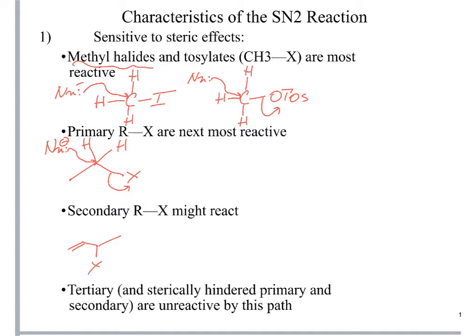So there is more steric crowding, but allylic and benzylic and some aliphatic or alkyl halides will also undergo SN2 depending on other factors such as solvent, nucleophile, and the leaving group.